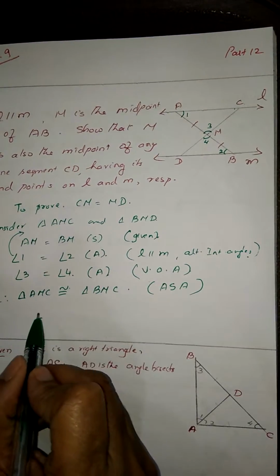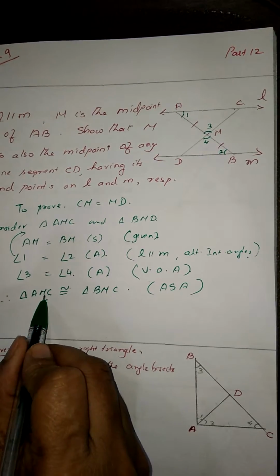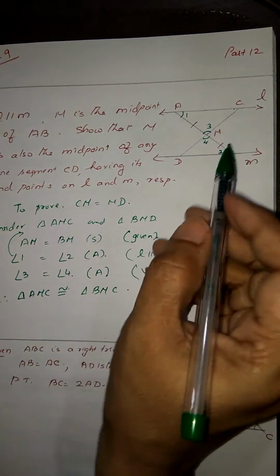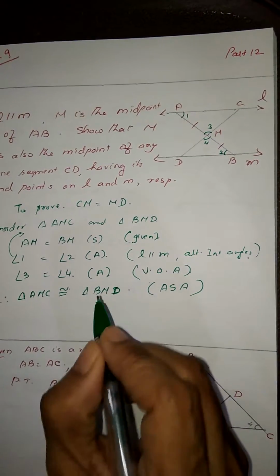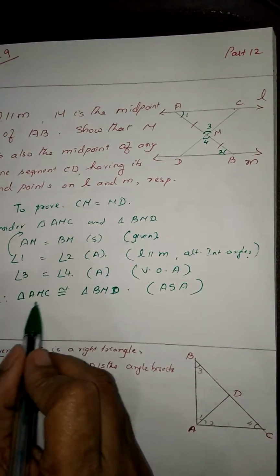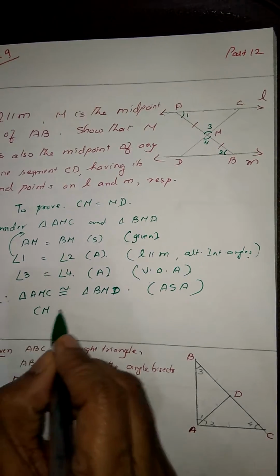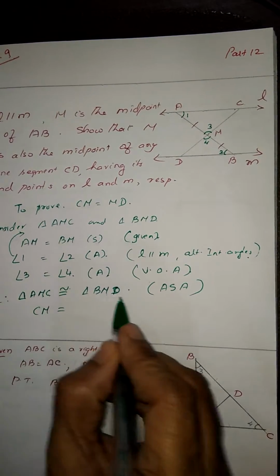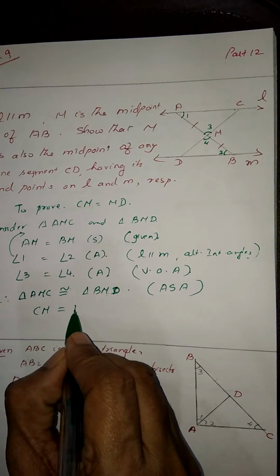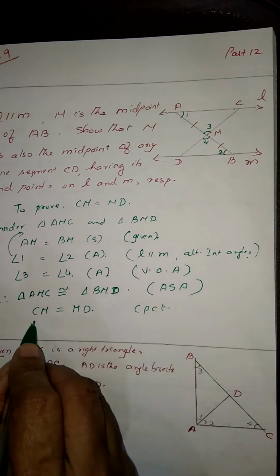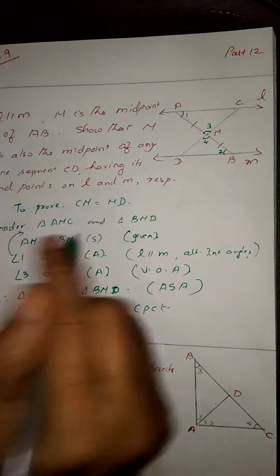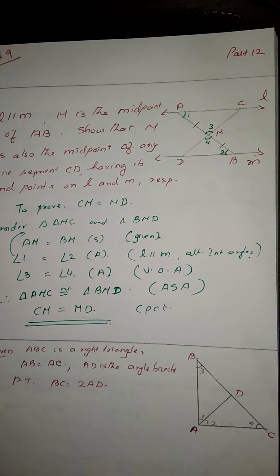From this we can say CM is equal to DM, by CPCT, and we have proved CM is equal to MD.